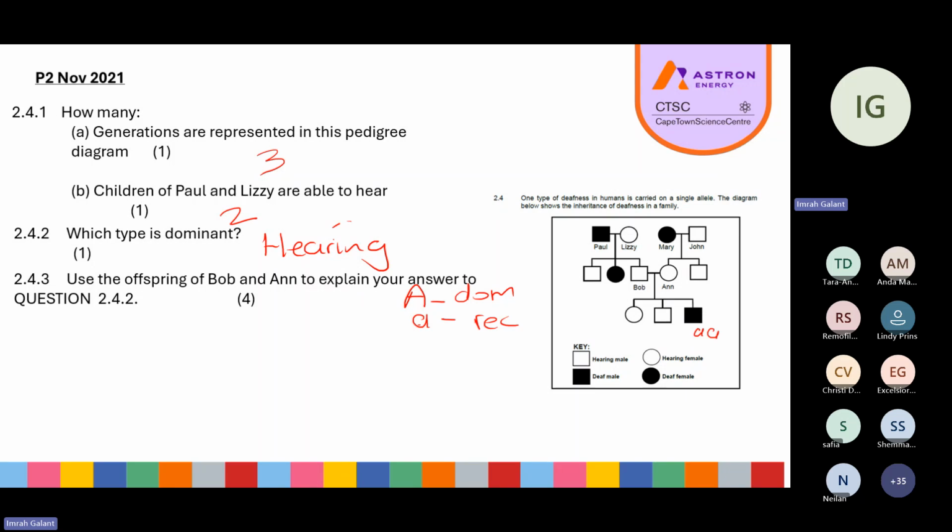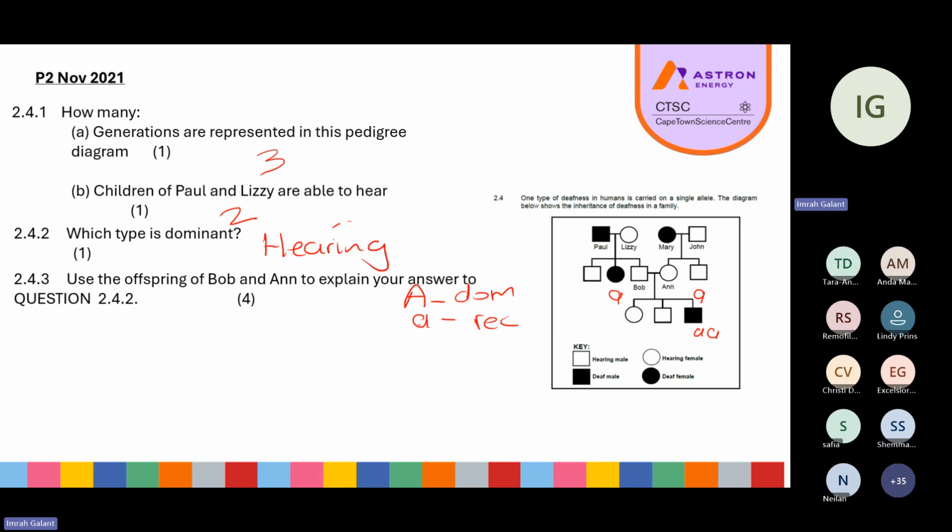Meaning each of Bob and Anne had to have a recessive allele. But remember, we're saying that the disorder is carried on the recessive allele, but neither parent actually has the disorder.